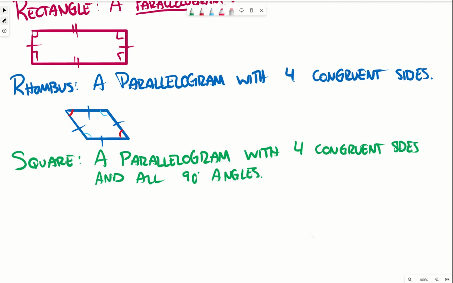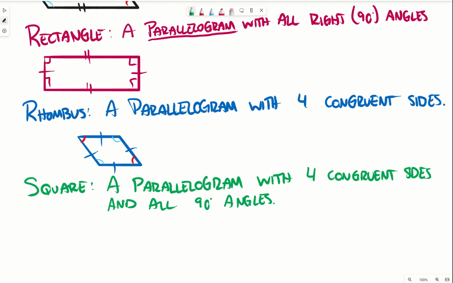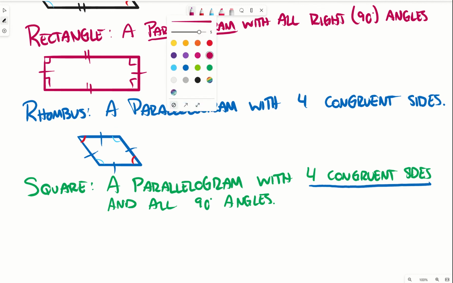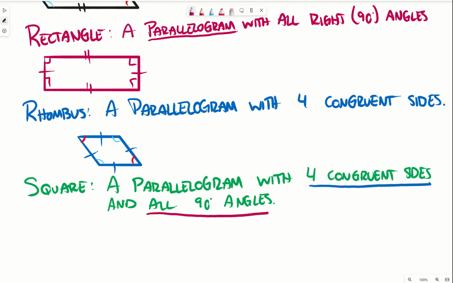So a square is a mixture of a rhombus, four congruent sides, and a rectangle, all 90-degree angles. It's the combination of both of those two things. All your sides are the same, and all your angles are 90 degrees. That is what makes something technically a square.